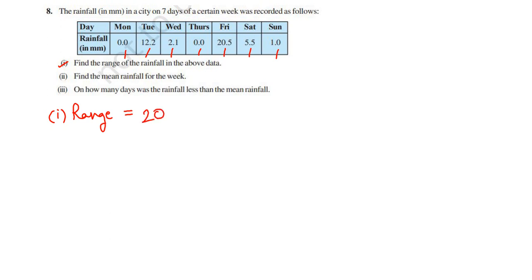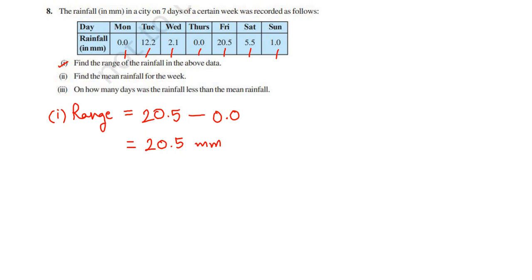This is the highest observation, 20.5, and from this we have to subtract the lowest observation, and in this case the lowest observation is 0.0. So the range will be 20.5. So 20.5 mm will be the range.